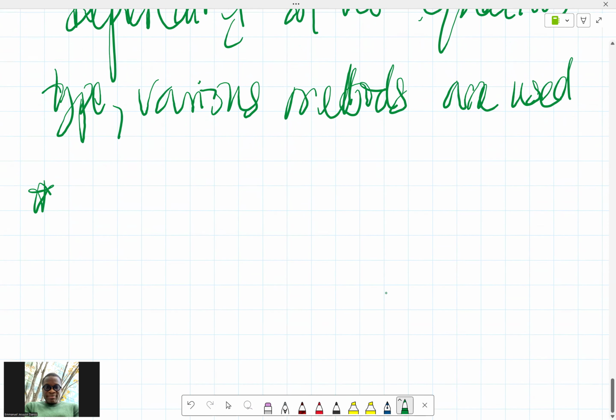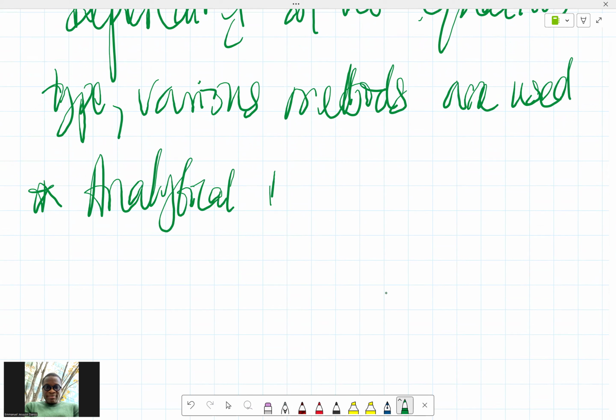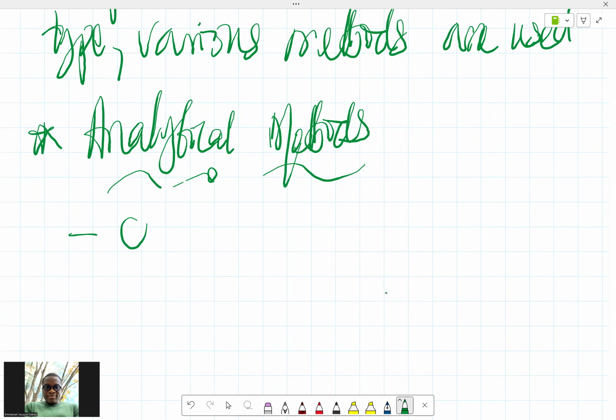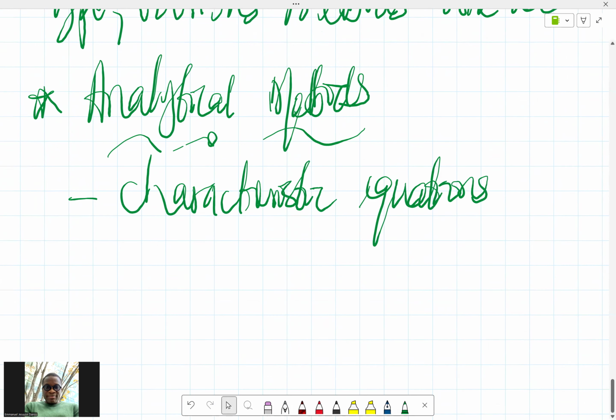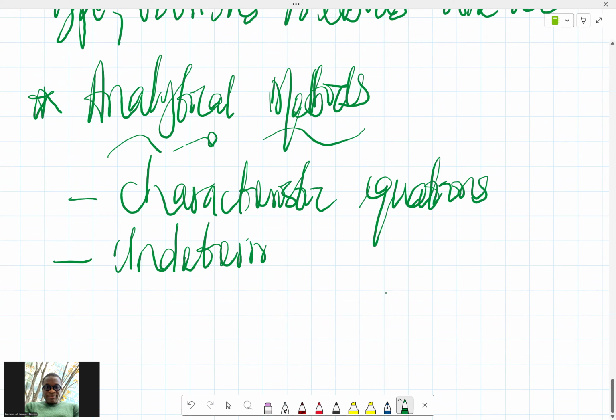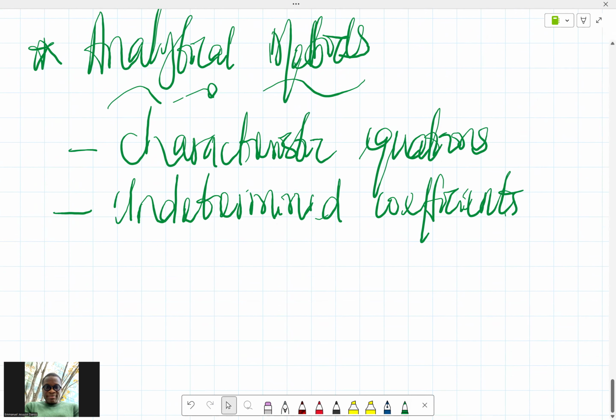First of all, we have what you can call the analytical methods. These include characteristic equations for the homogeneous parts. We have undetermined coefficients for the non-homogeneous parts.